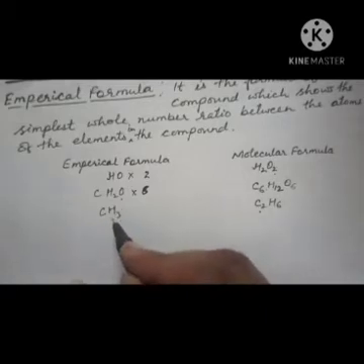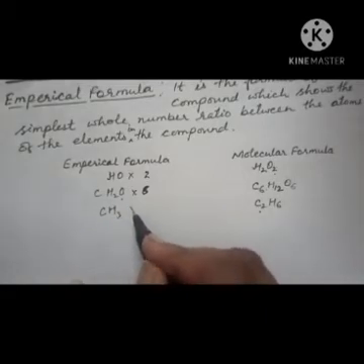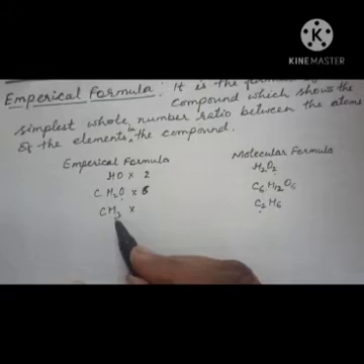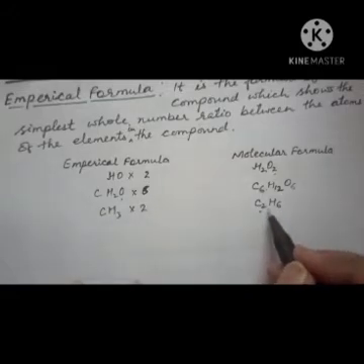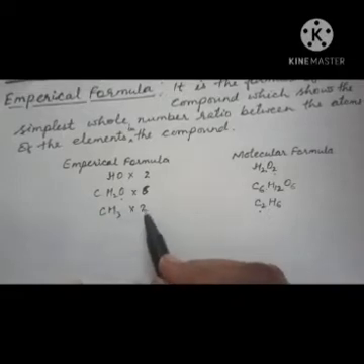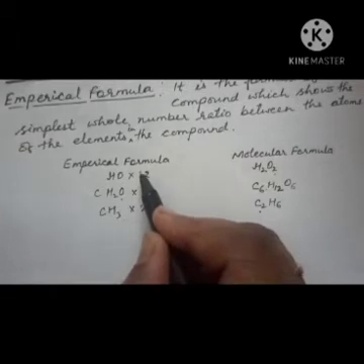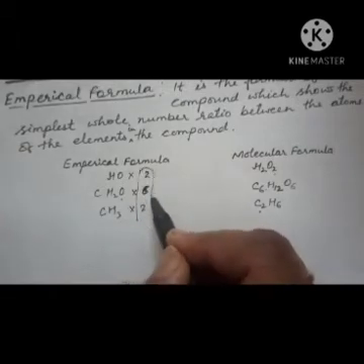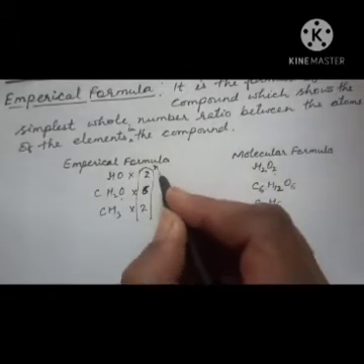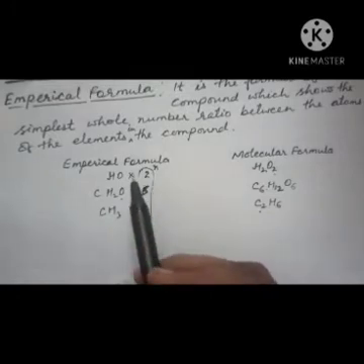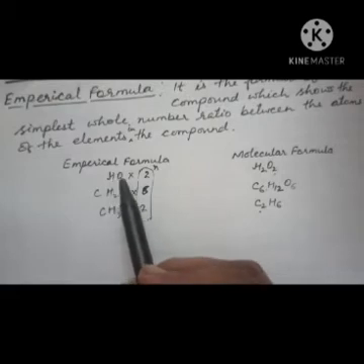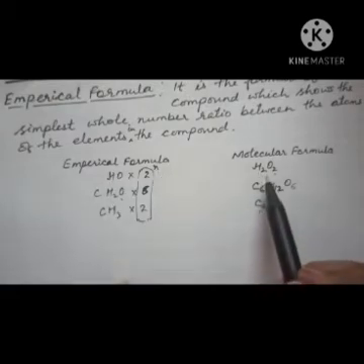In the same way, if you multiply this empirical formula with 2, you get the molecular formula of ethane, that is C2H6. And this number is called n. Means if you multiply the empirical formula with n, then you get the molecular formula.